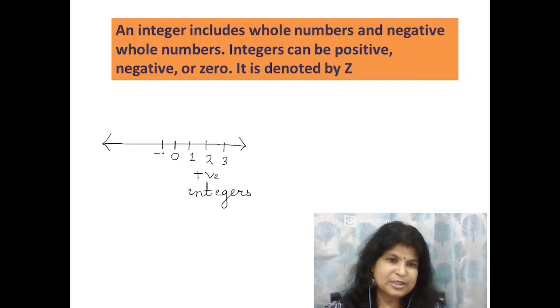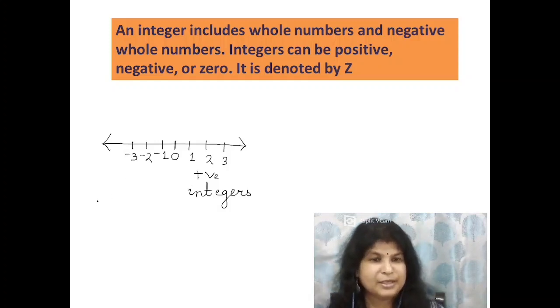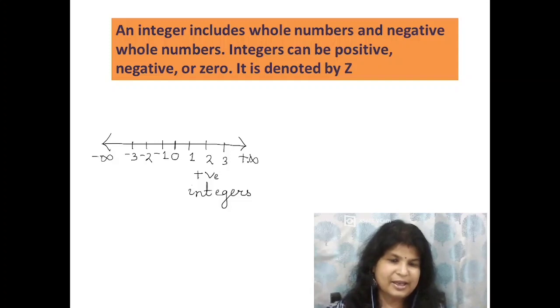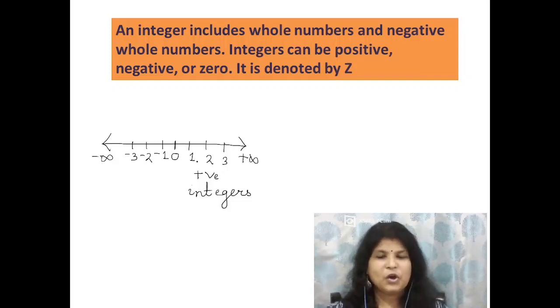Now suppose I will go to the left of the number line. So you will get -1, -2, -3. Again it's infinity say. So it starts from minus infinity, that is no end to it, to plus infinity. Okay.